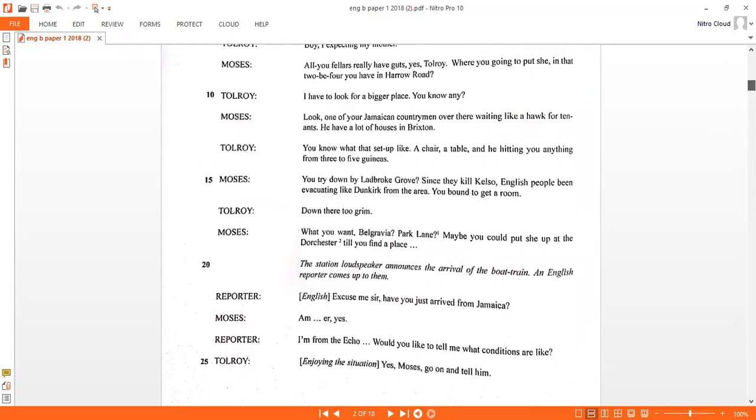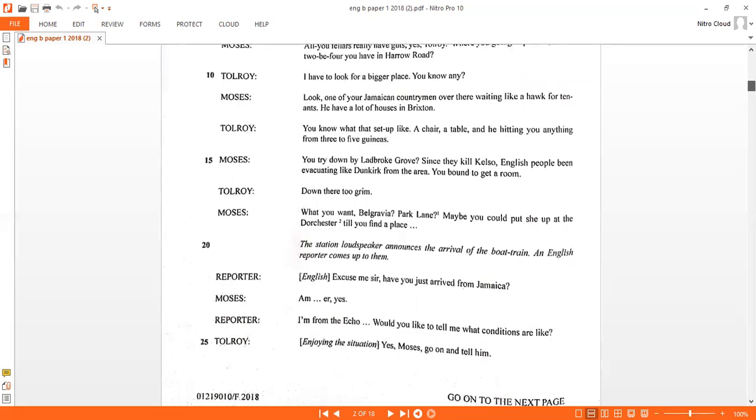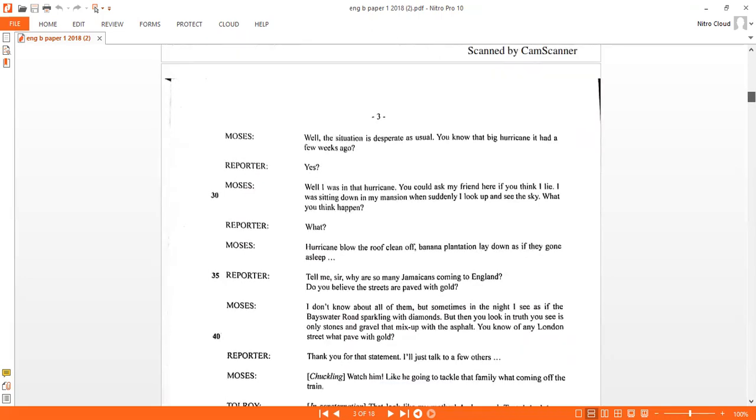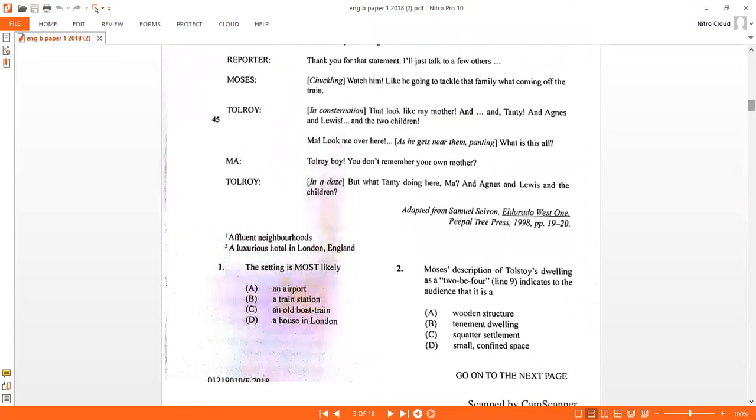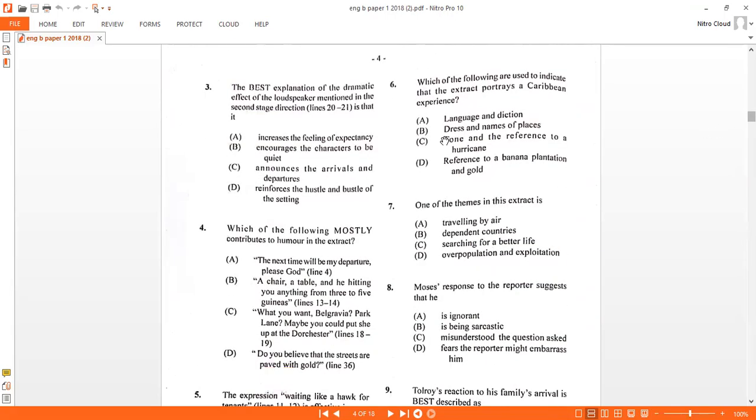We see when he speaks to the reporter, we see when his mother actually arrives, we see all of that as a part of the language, and we see even the special diction that makes them Caribbean, that sets them apart from the others who might be there, and even sets them apart from the white reporter, making us know that they are Caribbean. The answer could not be B. It could not be C, and it would not be D.